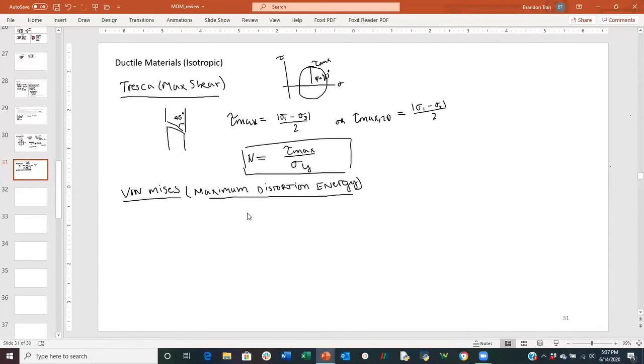Okay, so I'm not going to get into the details of the maximum distortion energy derivation. All you essentially need to know is there are two primary ways a material experiences stress and deforms.